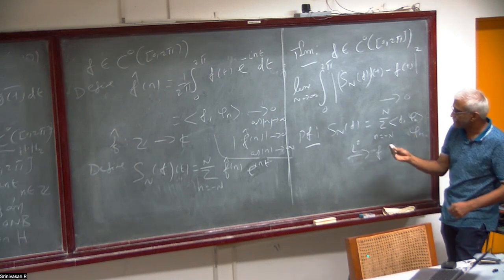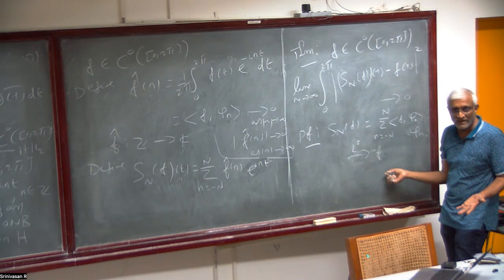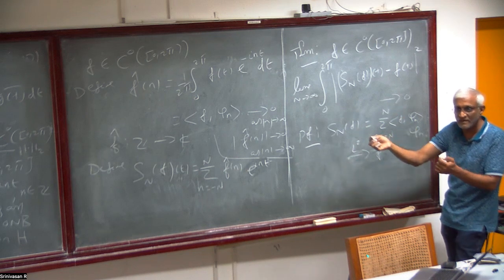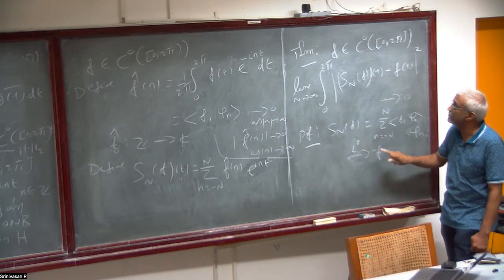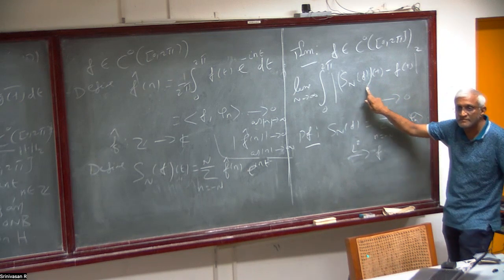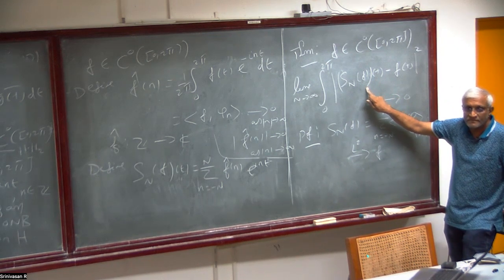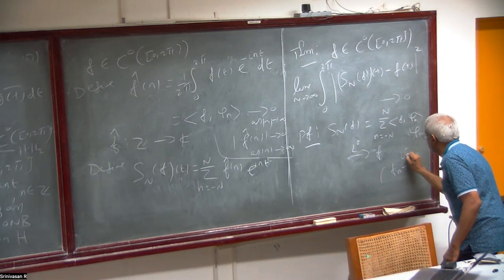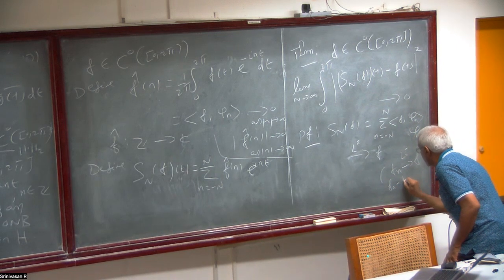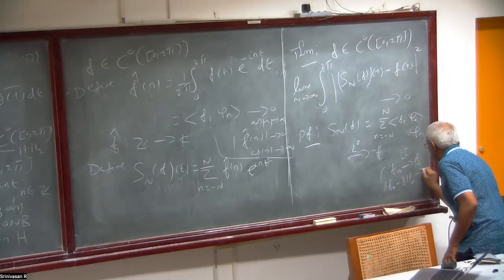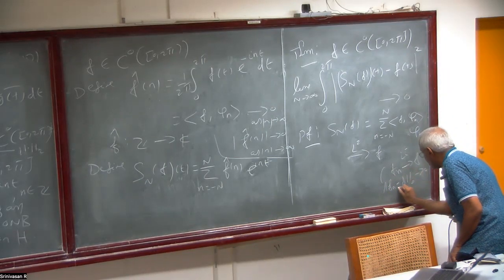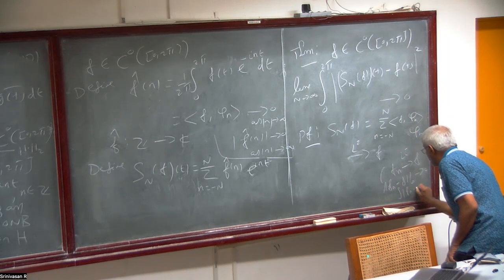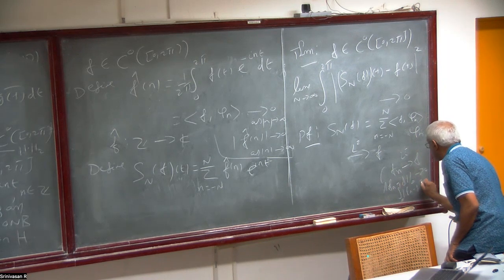But the convergence is not pointwise. It happens in the Hilbert space. What this means precisely is this. A sequence fn converges to f in L2 means the norm 2 of fn minus f goes to 0. That is exactly the integral of the square of fn minus f going to 0.